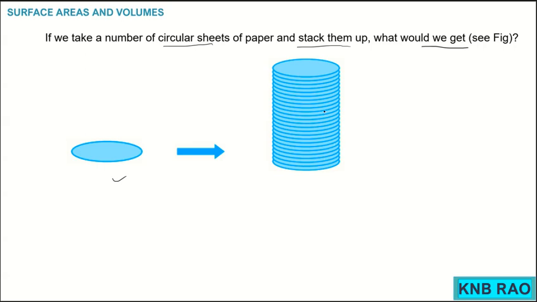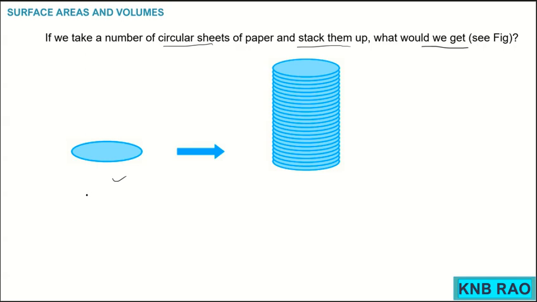Now I got all these circular sheets forming a cylinder. That means here I can say the integration of these circular sheets, which have negligible thickness, brings considerable thickness, isn't it?